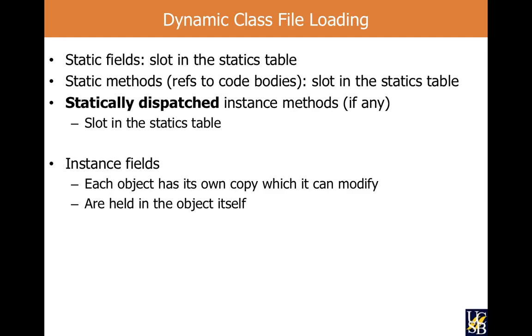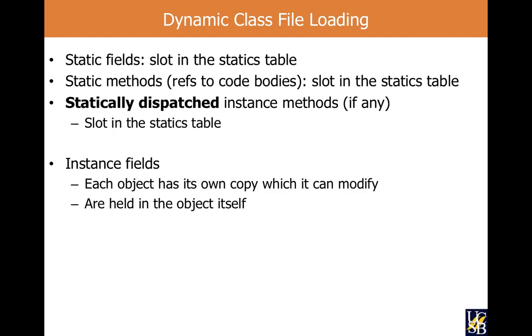In Java, only our constructors are statically dispatched instance methods. They're statically dispatched because we know exactly what constructor we mean. We say new, the name of the class, and some signature for the method. We know exactly from that signature, the name and the signature of that method, what method you want to invoke to construct or instantiate the object.